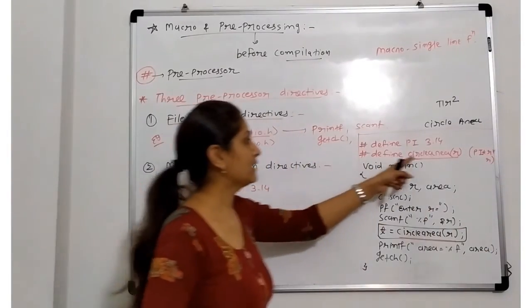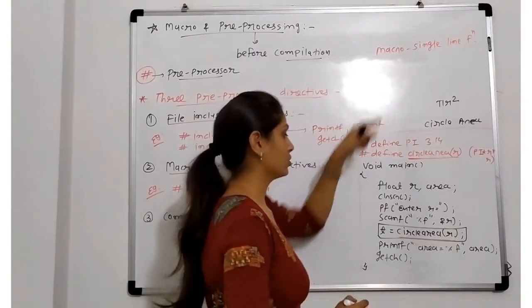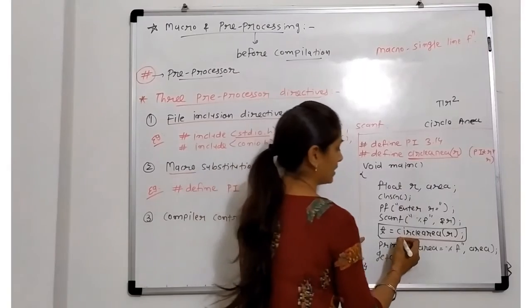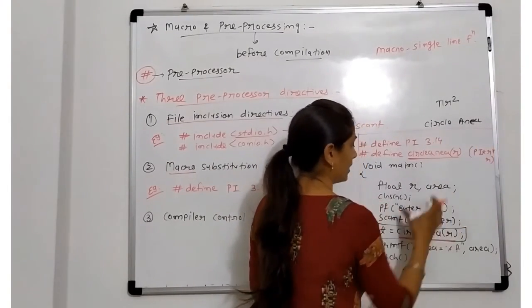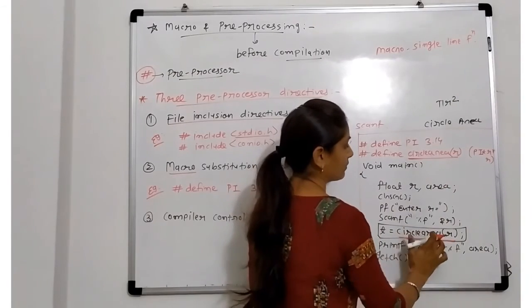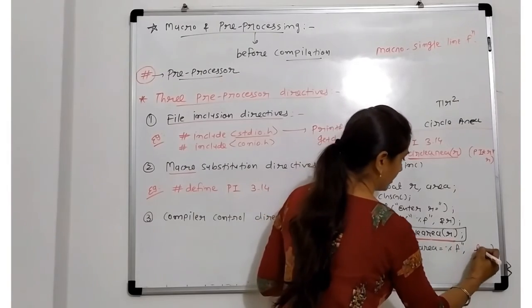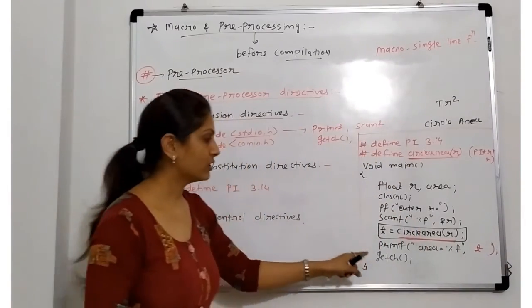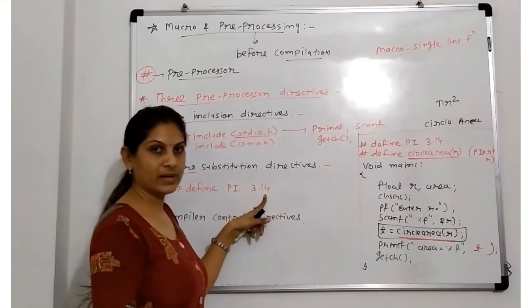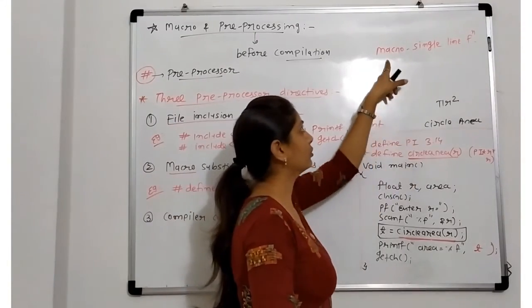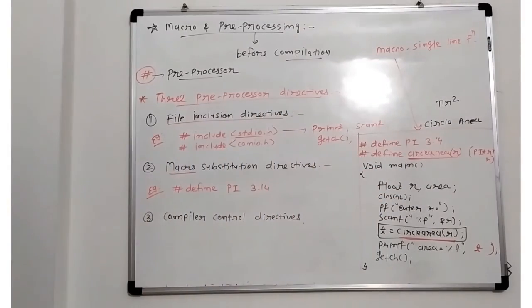Clear? So this line is nothing but a single line function, and that is our macro. Whenever we execute this program, it finds circle area, so the value of this name is replaced here. So 3.14 into r into r is there, and we find the answer, that is our area. Clear? So these are two examples. First, hash define pi, a simple variable, and second, a macro as a single line function.